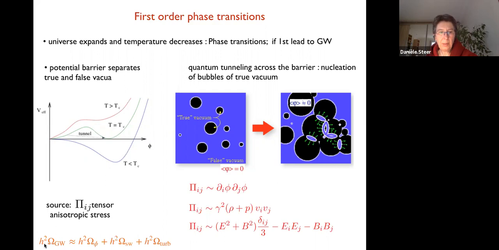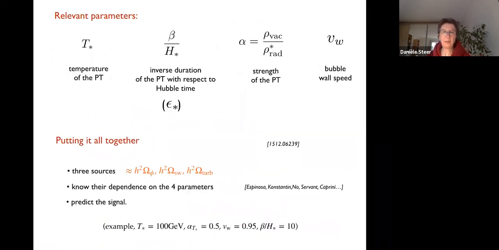So if you want to calculate the final spectrum, you have to calculate the contribution from the bubbles colliding, the effect of turbulence from the second one, and then possibly from any electric and magnetic field. That's a complicated problem, and it has a number of relevant parameters. There's the temperature of the phase transition.